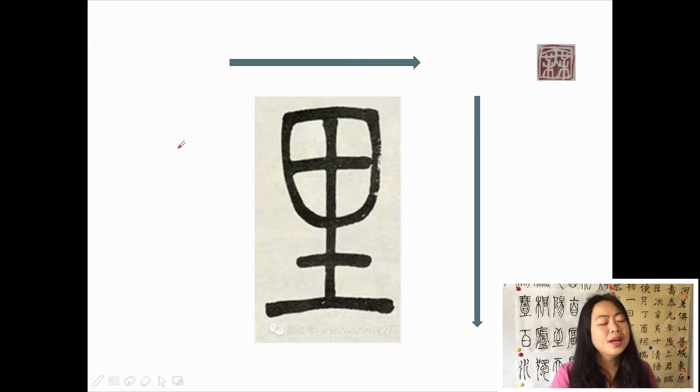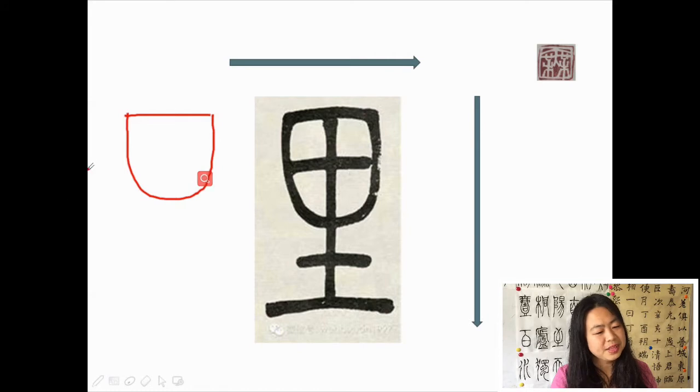So what do you think of this character? How do we write it? The first is from the top to the bottom. I will write this stroke first, and then these two strokes. Be careful, we need to make the connection perfect. And then the middle line, average space, middle point, symmetry.